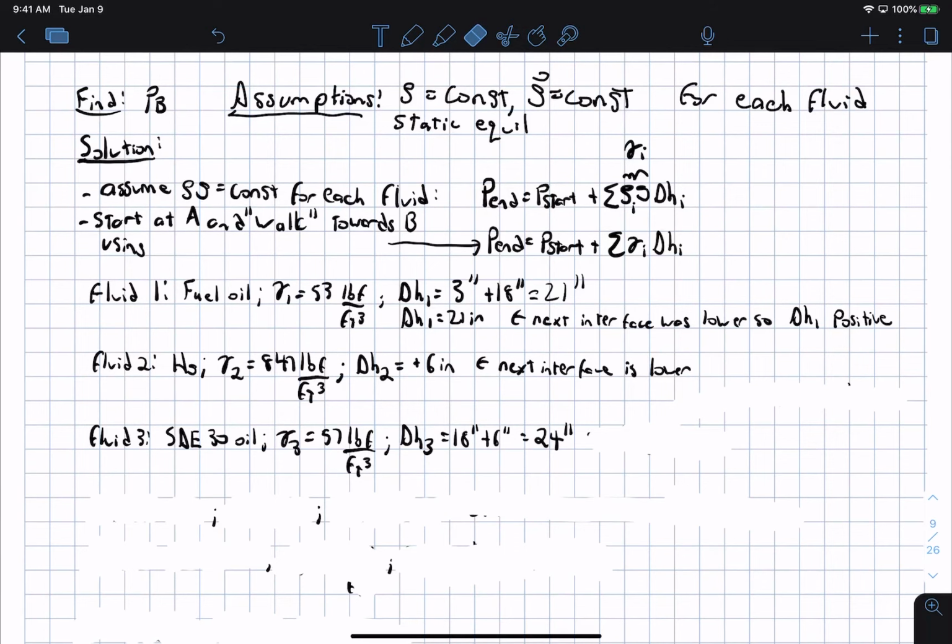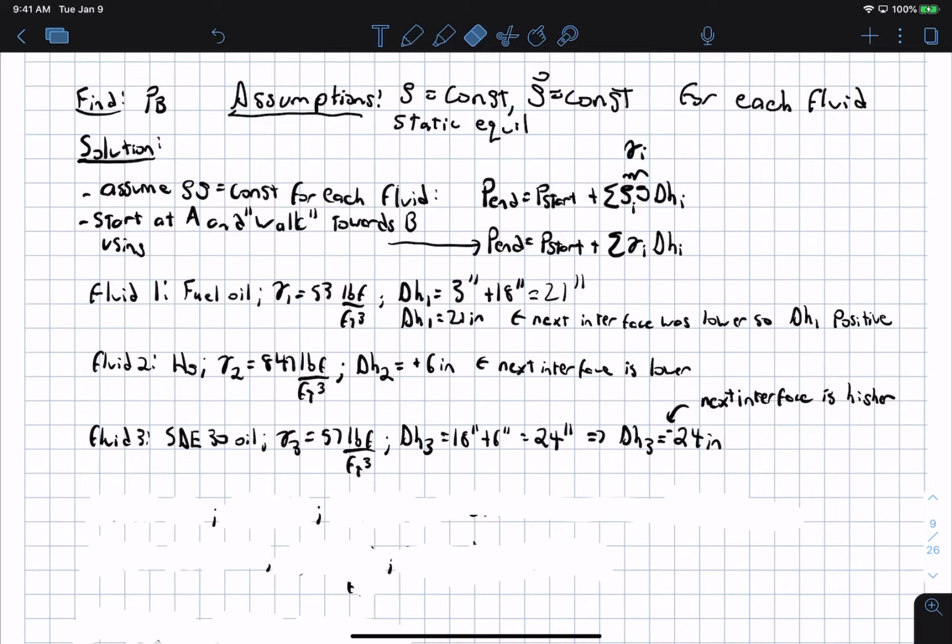And that implies that delta H3 is negative 24 inches. Okay? And the reason it is negative 24 inches is because we have that the next interface was actually higher. And because it's higher, we are subtracting pressure off because we are going against the gravity. Okay?